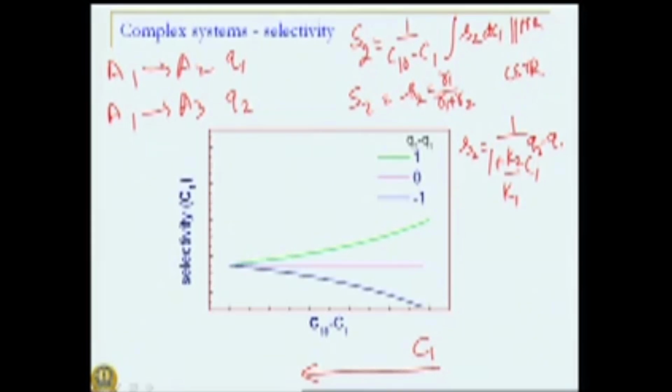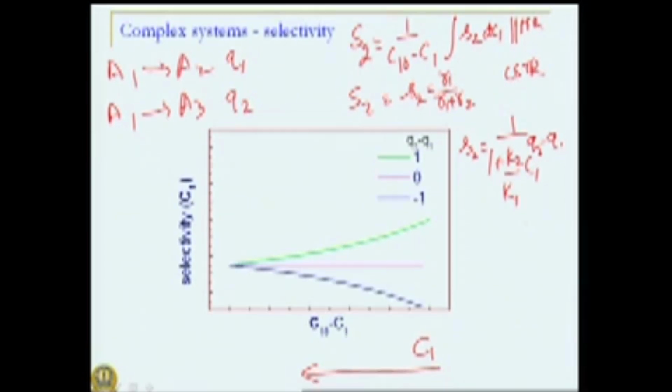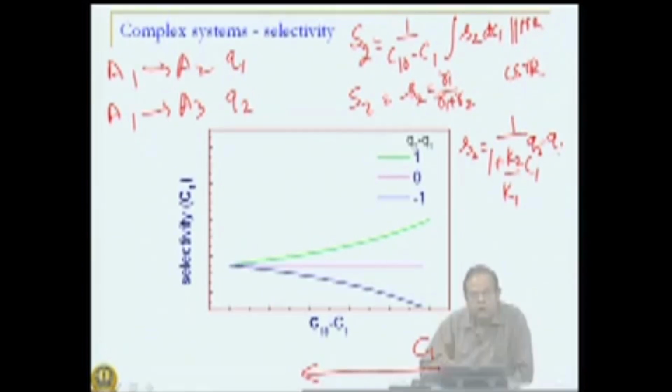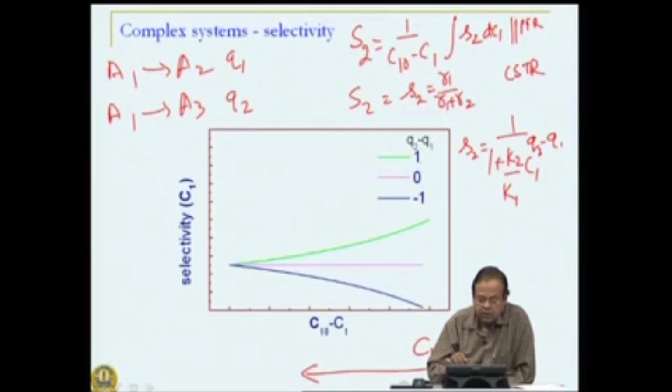So, C1 increases in this direction. We get a decrease in the selectivity if Q2 minus Q1 is positive. This is the case shown with this green line.